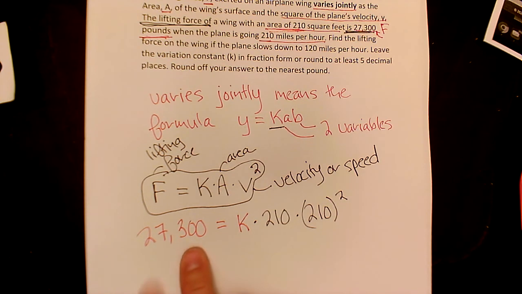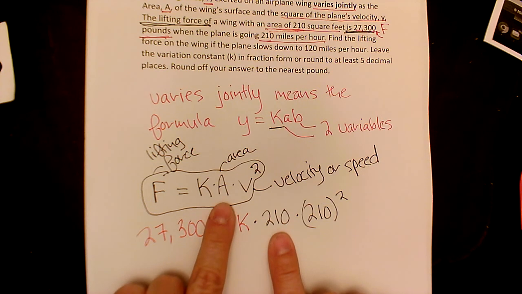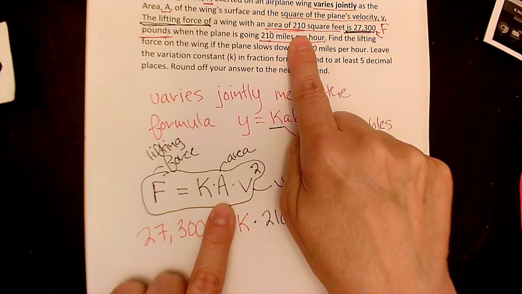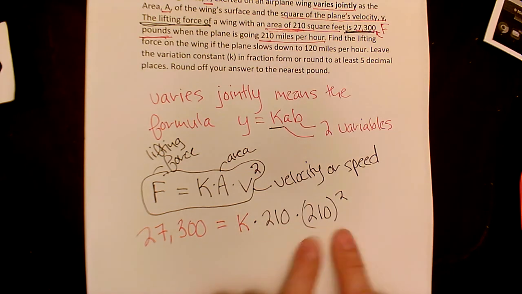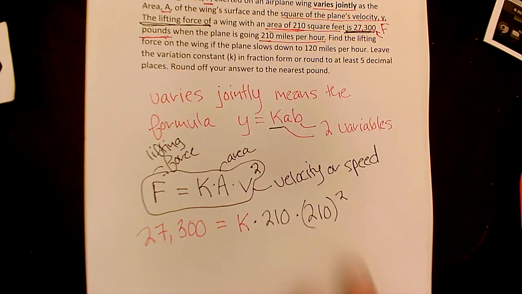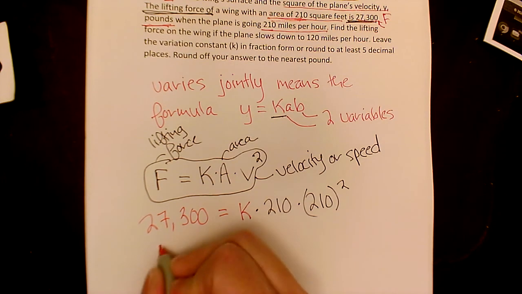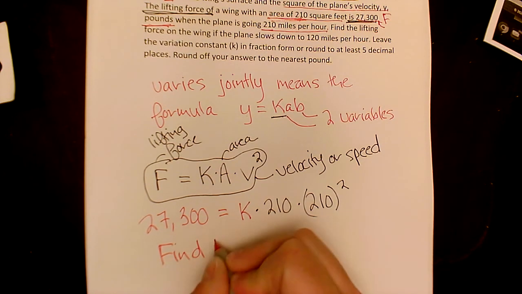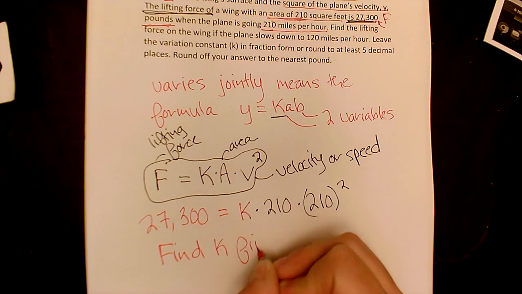So this is lifting force equals our constant K, which needs to be in there for any of these problems, area is 210 square feet, and 210 miles per hour. We need to find the K first.